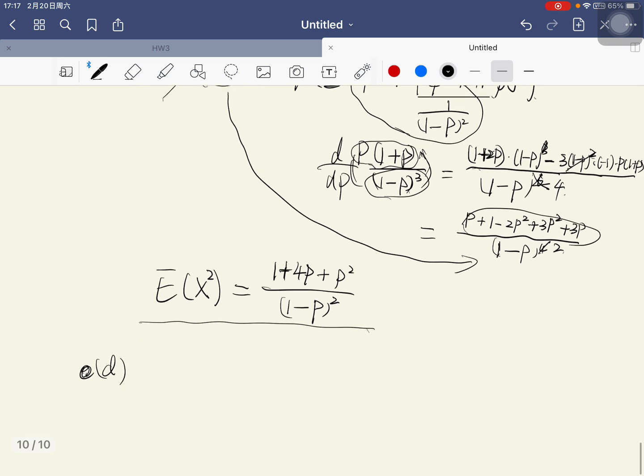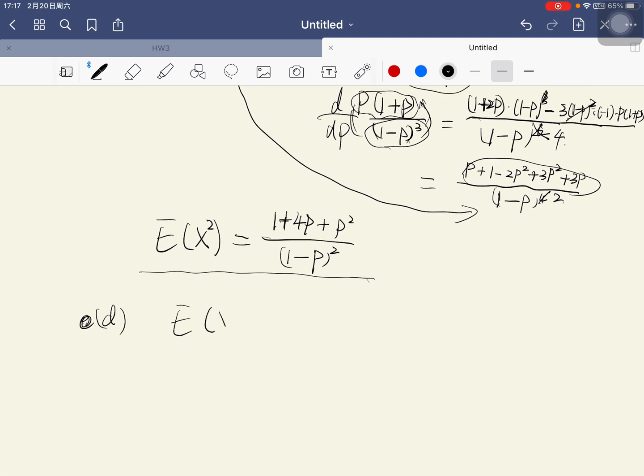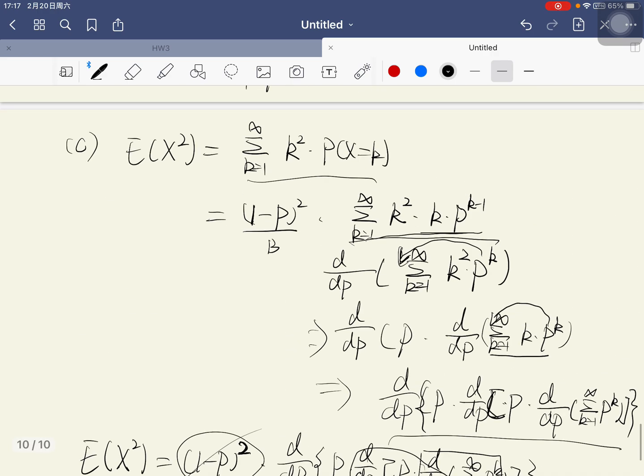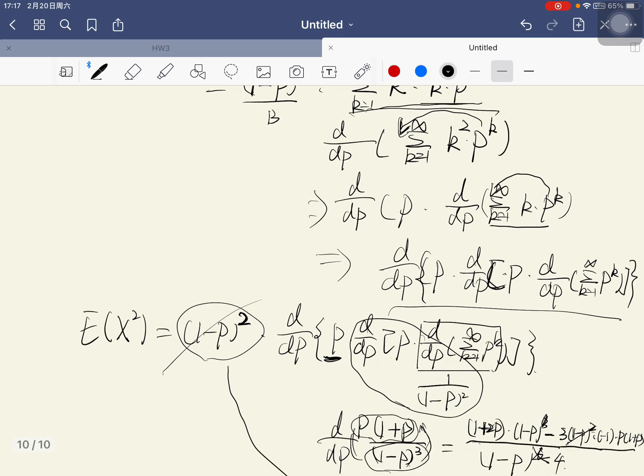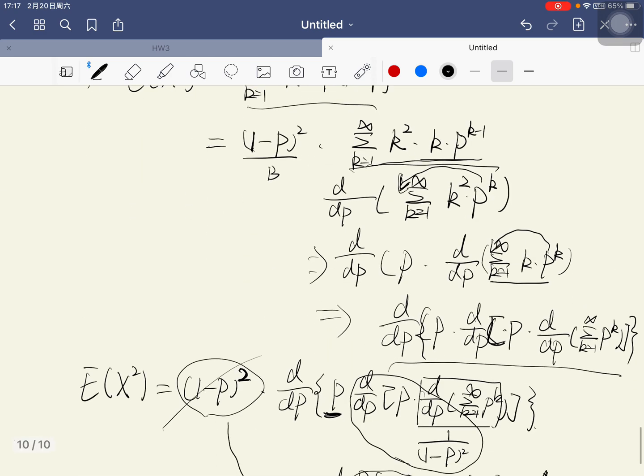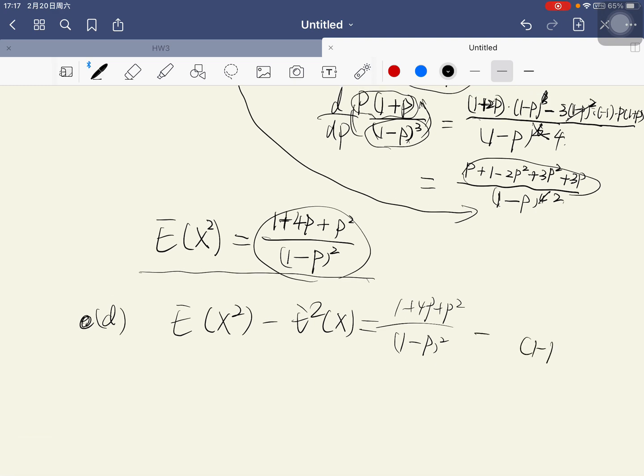We could compute these two as this function minus this function to the power of 2. So it's equal to 1 over (1-p)^2, and the numerator is 2 times p. So it's the question D's value.